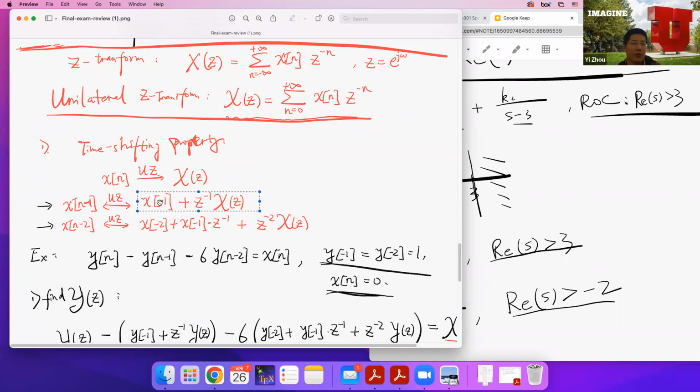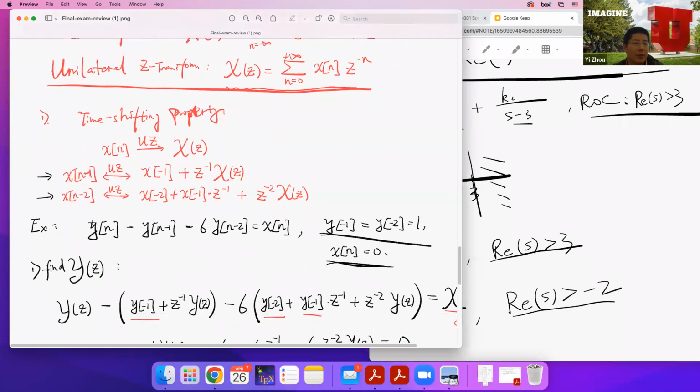So it's x[-1] plus z^-1 times X(z). Okay, so there's a dependence on the initial condition. And then for x[n-2], this is the unilateral Z transform. It depends on these two initial conditions.